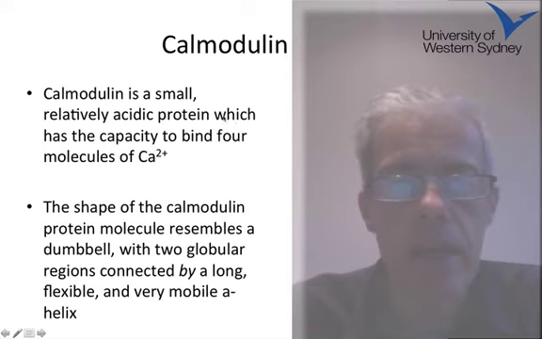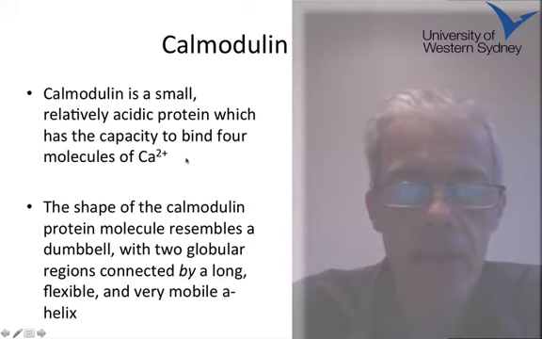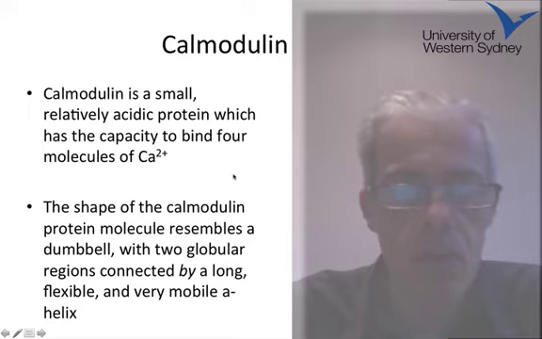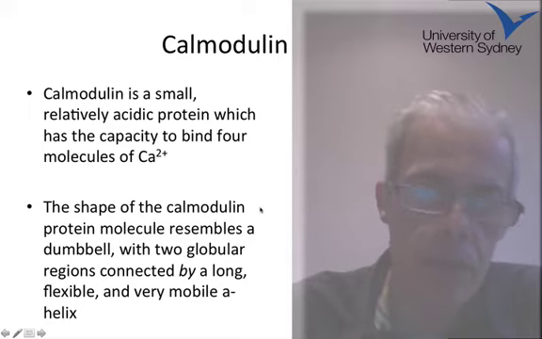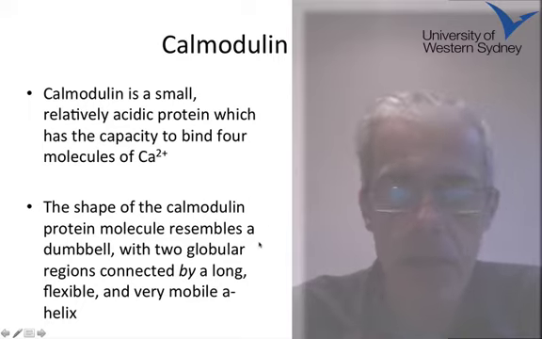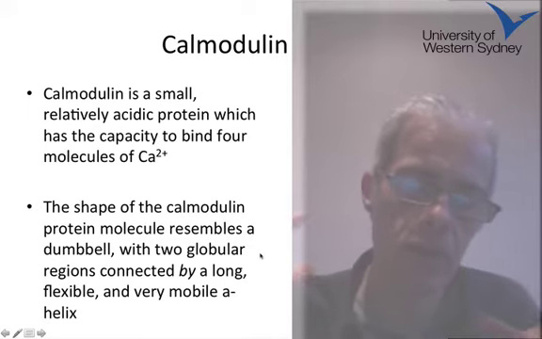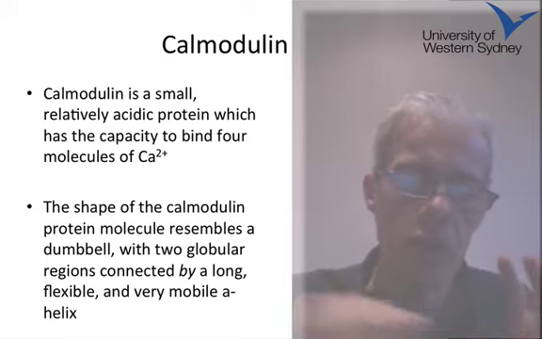Calmodulin is an acidic protein with high capacity to bind calcium. The calmodulin protein contains a bunch of these EF hands, but the actual shape of the calmodulin protein resembles that of a dumbbell. So it's got two globular domains on either side of the protein, with a long, flexible region which contains alpha helices.